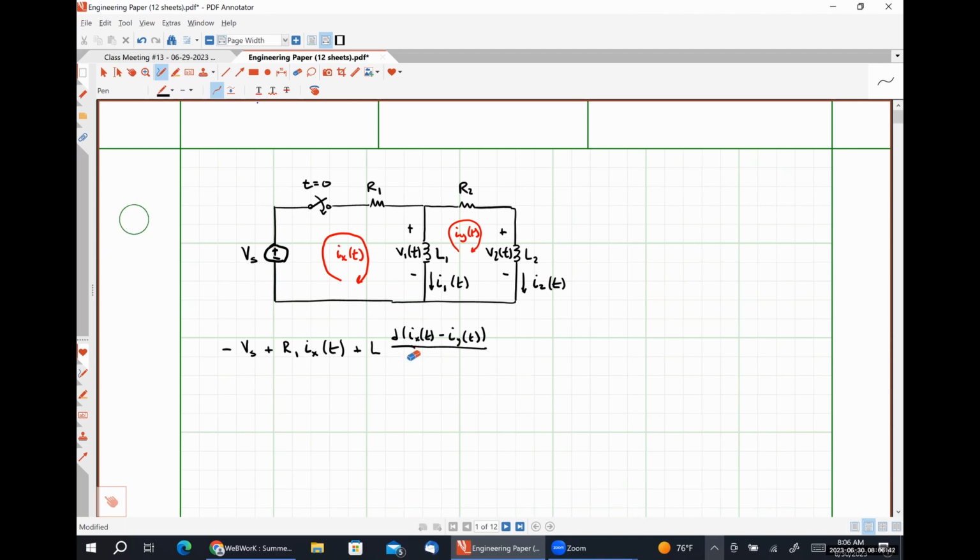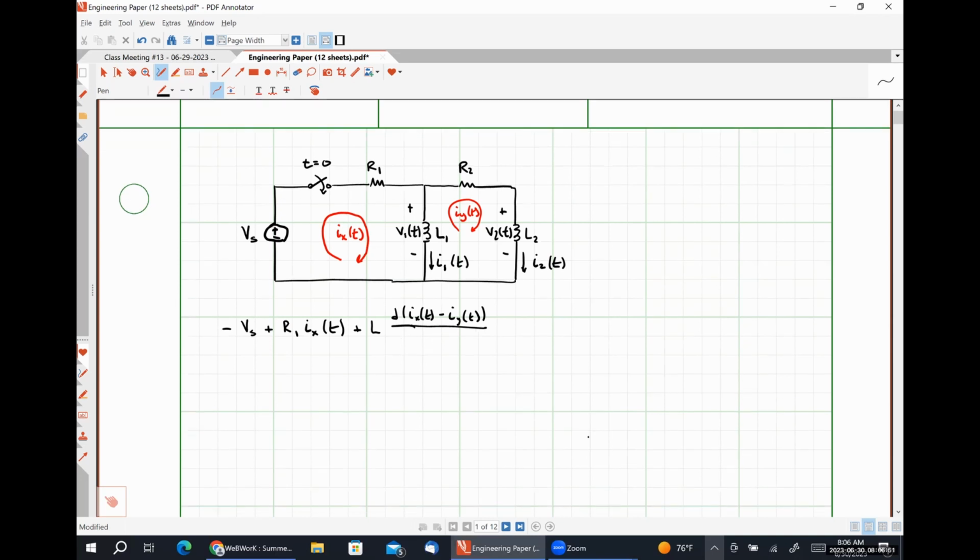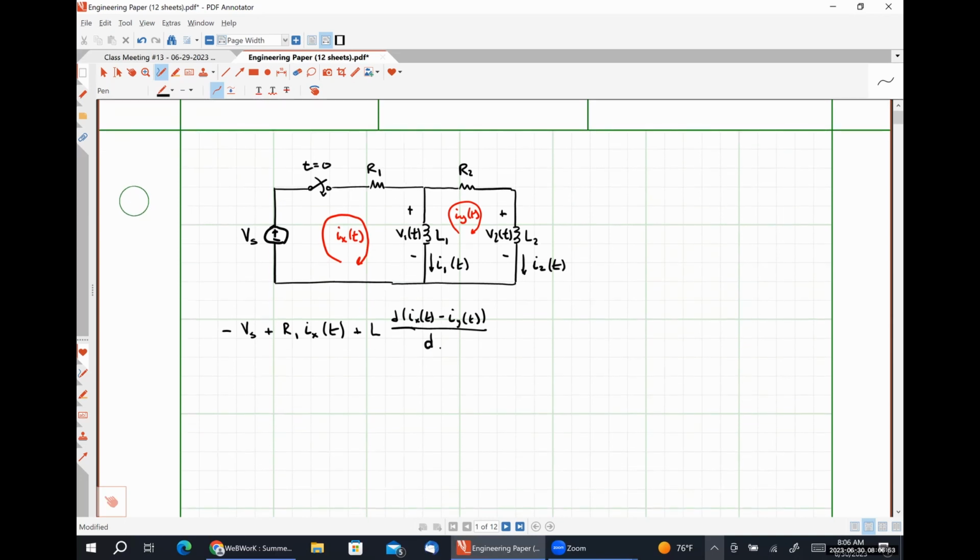Let me move this dt over because that's looking a bit ridiculous. So this is going to be equal to 0.